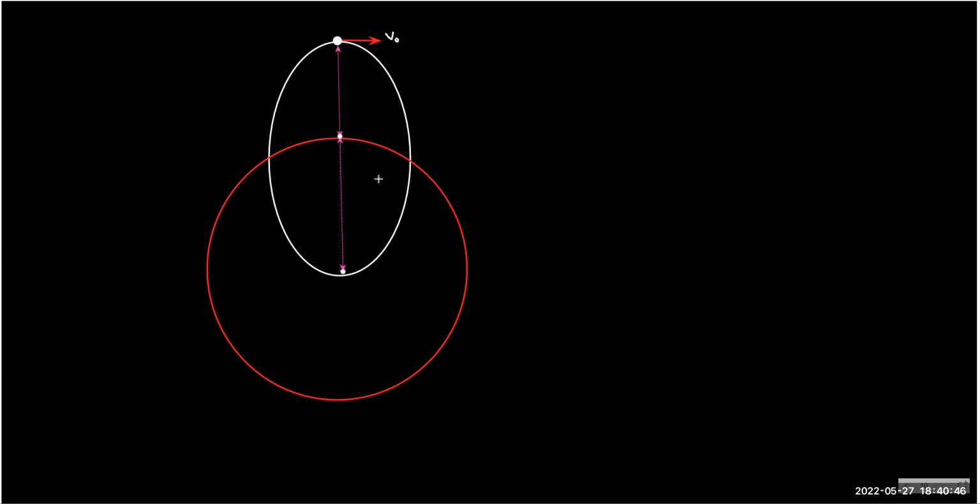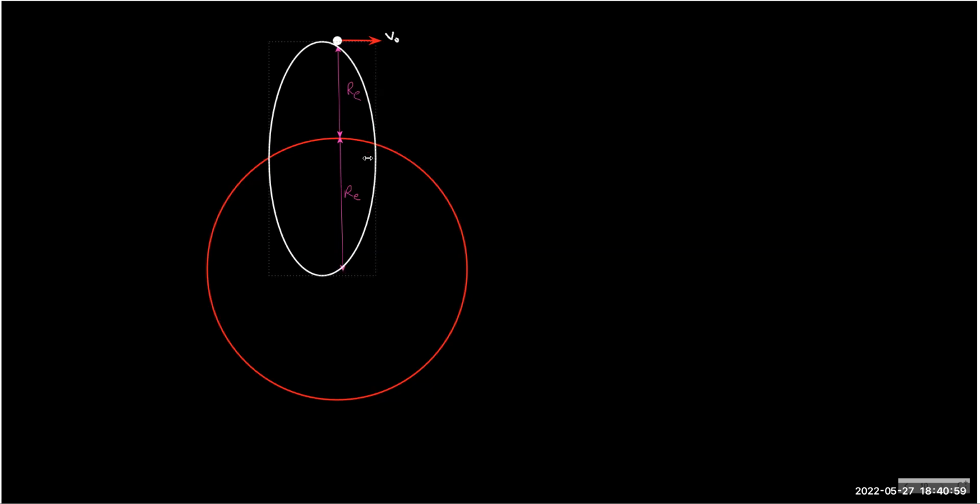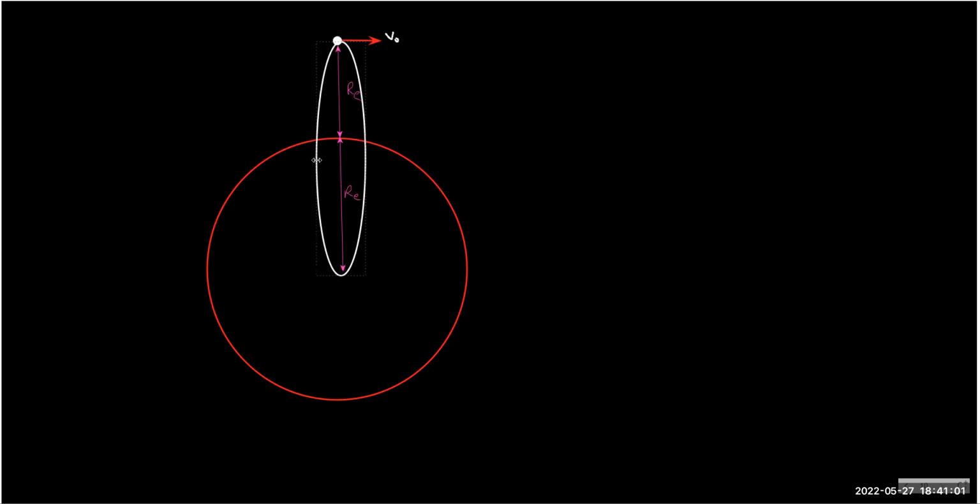Both are equal. Anyway, I assume this height. And why I said these are equal is so that we can cut the ellipse into two halves. These are almost very much flat. Correct. Yes.